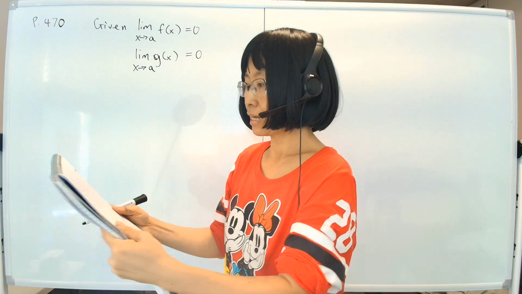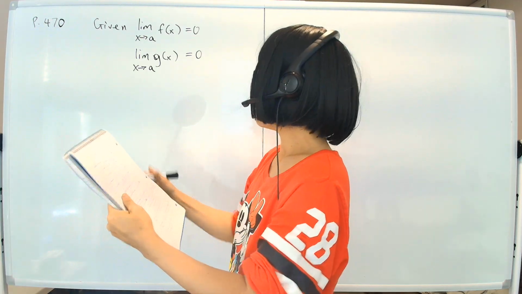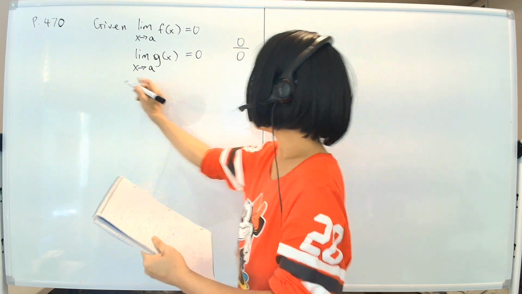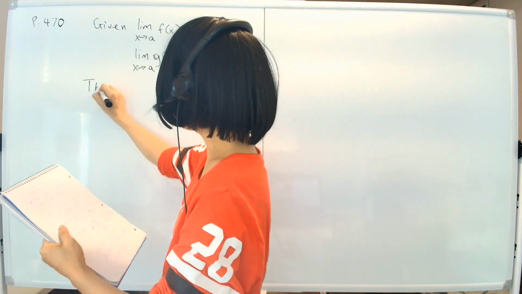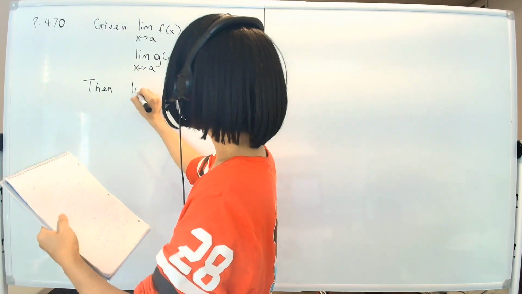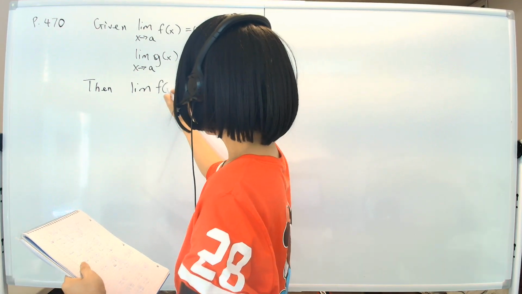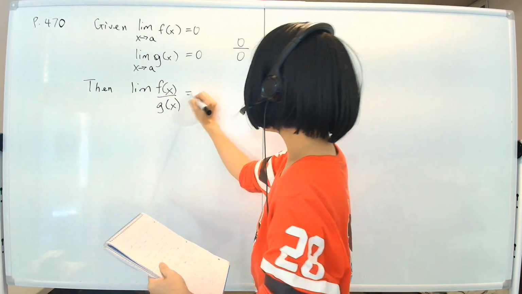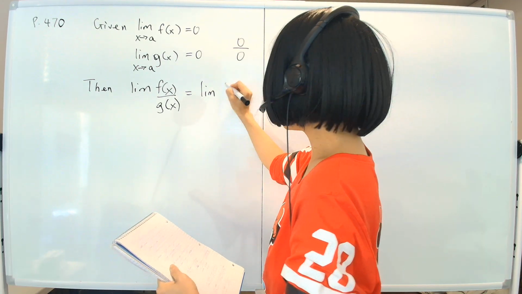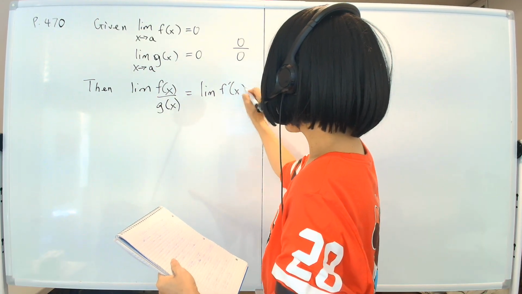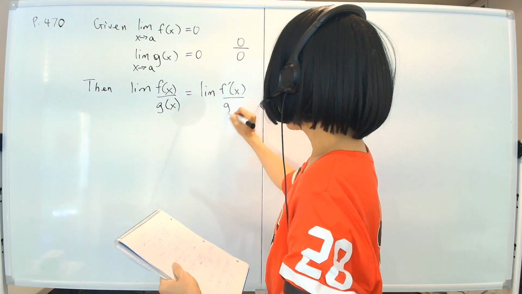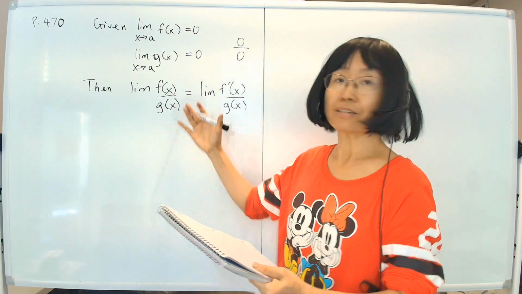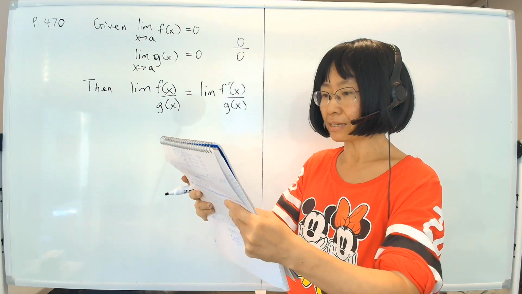And if this is the 0 over 0 case, then the limit of the ratio of the functions equals the limit of the ratio of the derivatives at the point we prescribed. Now that is already proven, so we'll use that as information.